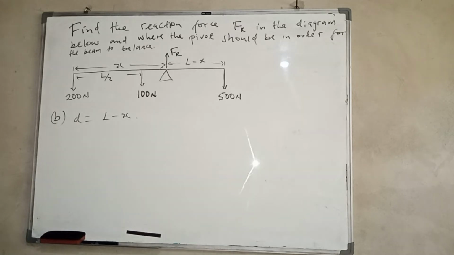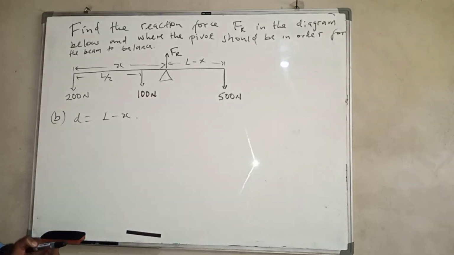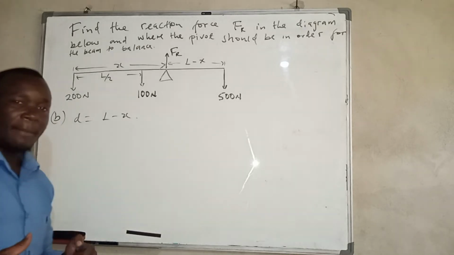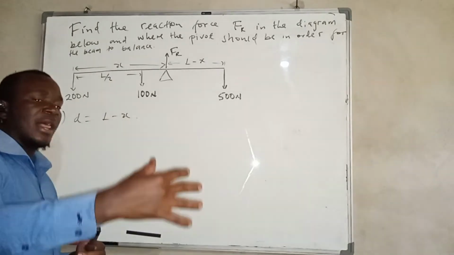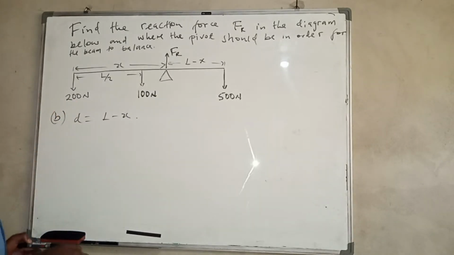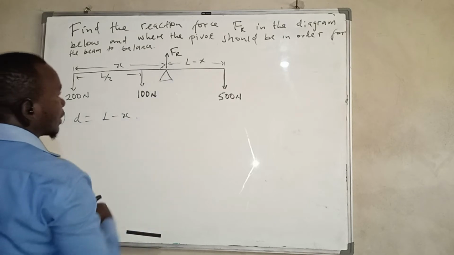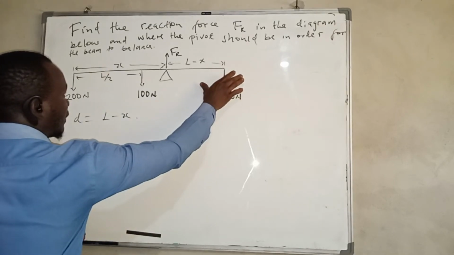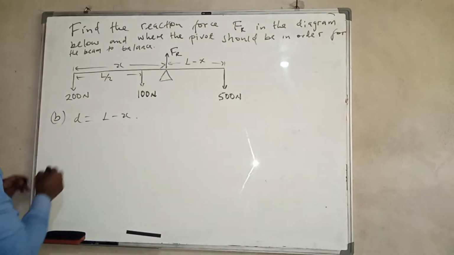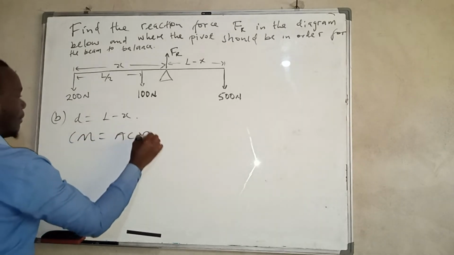So we know from the principle of moments, the clockwise moments must be equal to the anti-clockwise moments. So let's say CM is equal to ACM.